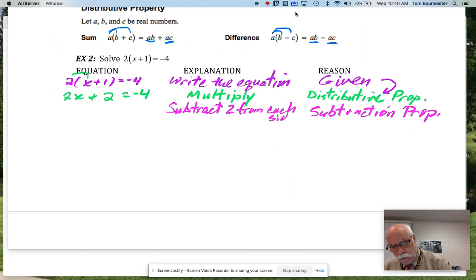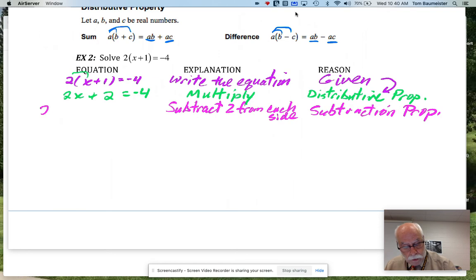And when we do that, we're going to have 2x plus 2 minus 2 is equal to negative 4 minus 2.